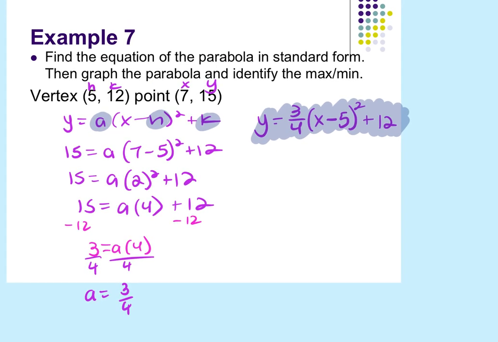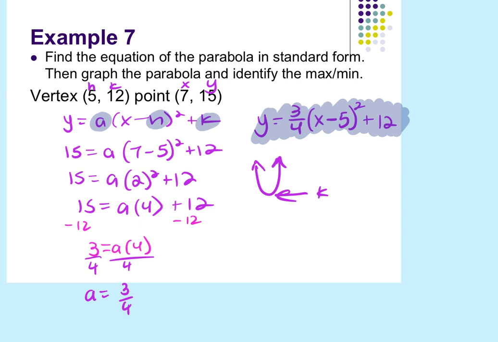So what's the maximum of this? Or max or min? How do I know if there's a max or a min? If the a is greater or less than 0. Good. So a is positive, which means it opens up, which means there's a minimum value.